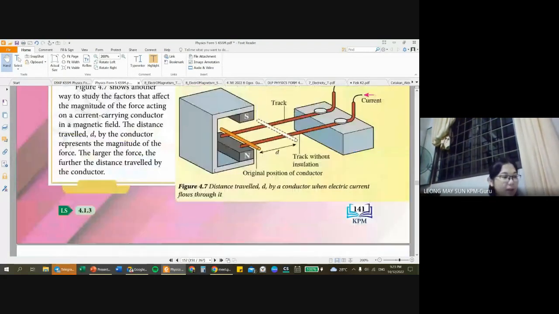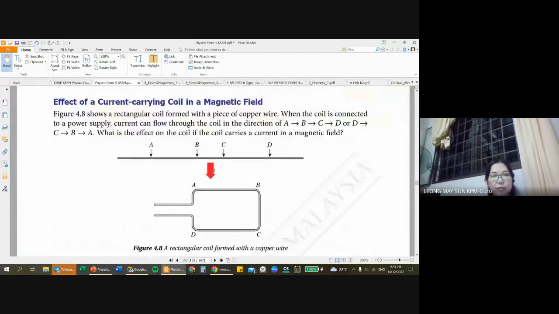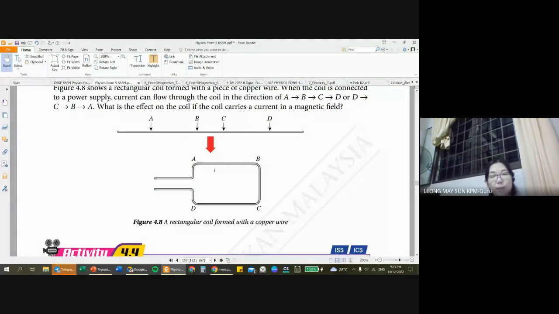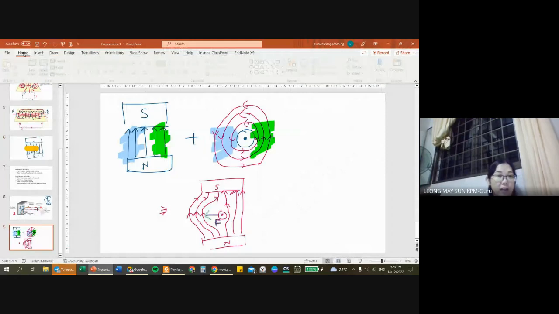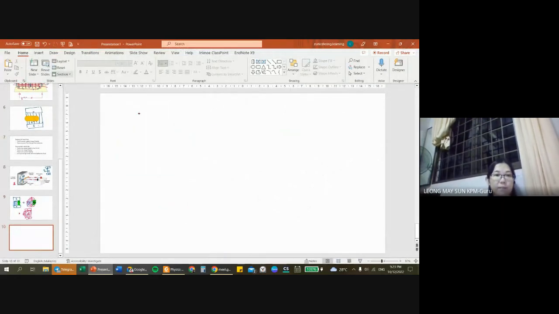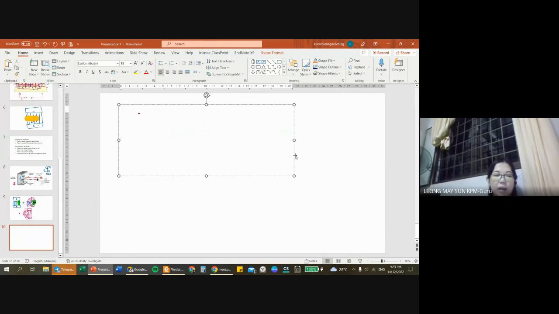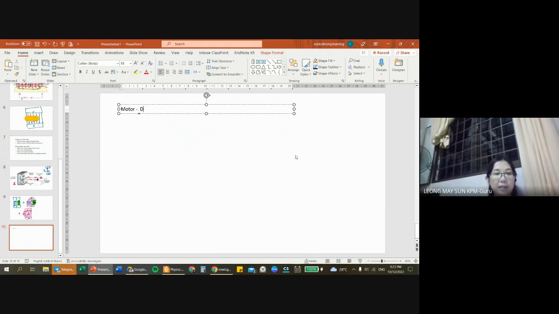Now we are going to go into motor. Identifying motor and generator. A motor: normally, when we talk about motor, we talk about only direct current motor.